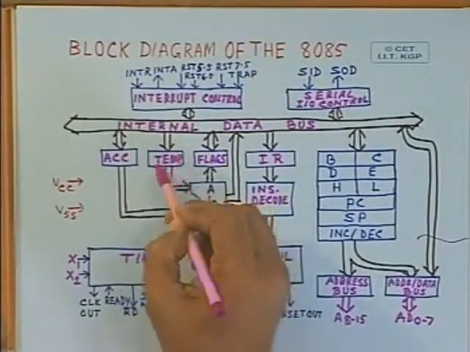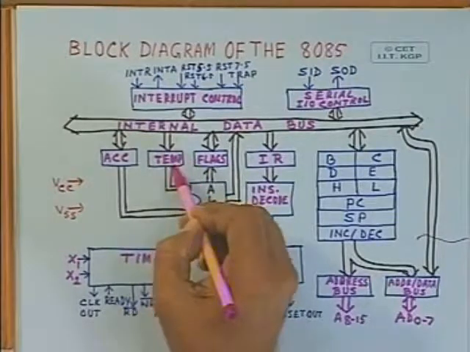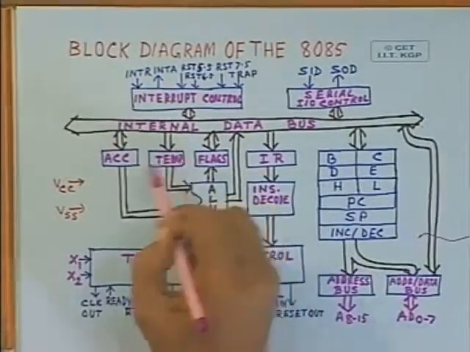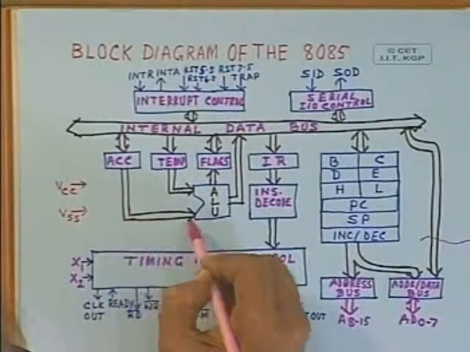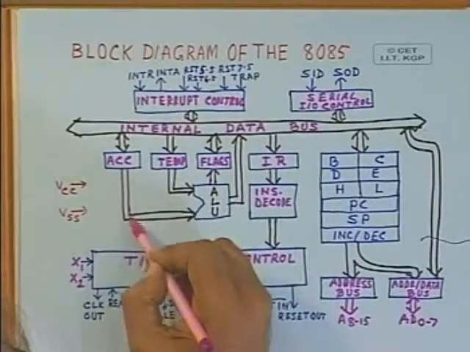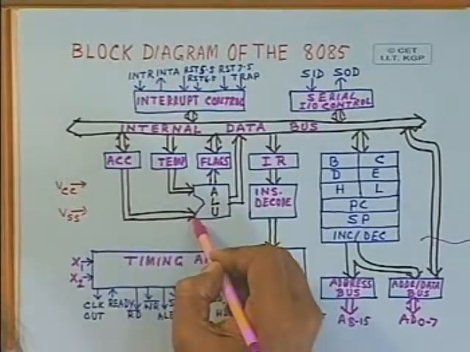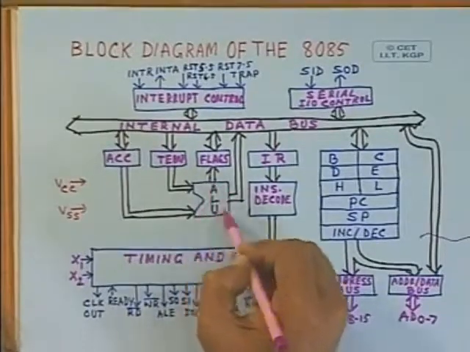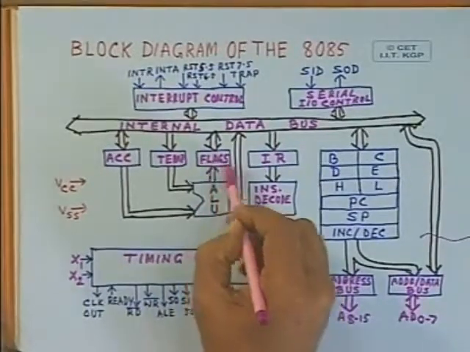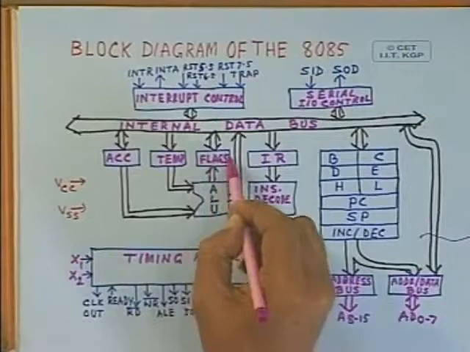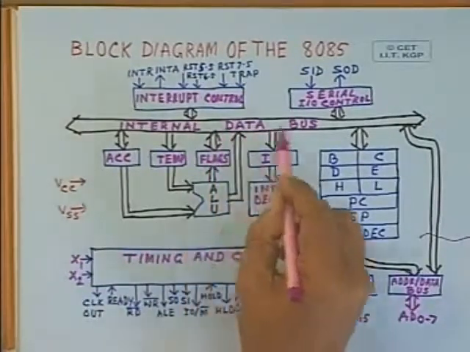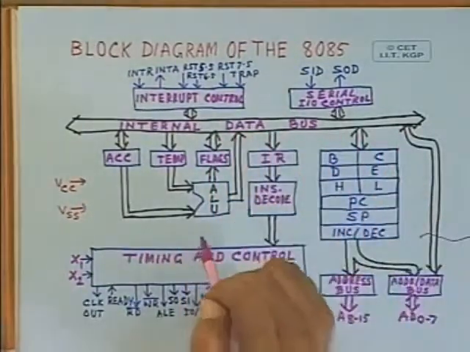I was telling about that one temp register, which is not accessible to the user. One of the operands always comes from this particular accumulator. And this is that ALU, arithmetic and logic unit. And this is that flag register where those 5 flags are stored, which can be accessed to the data bus.